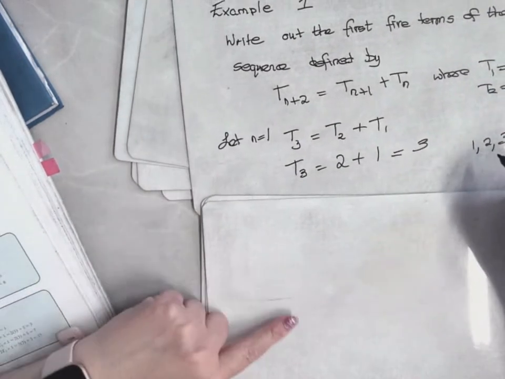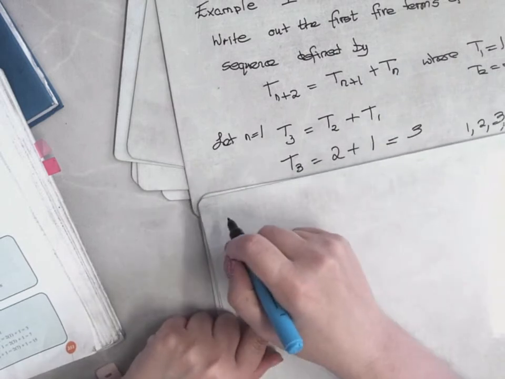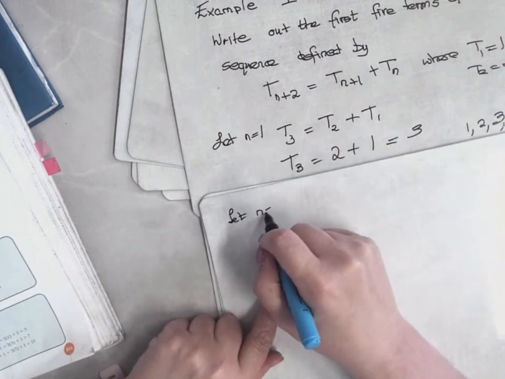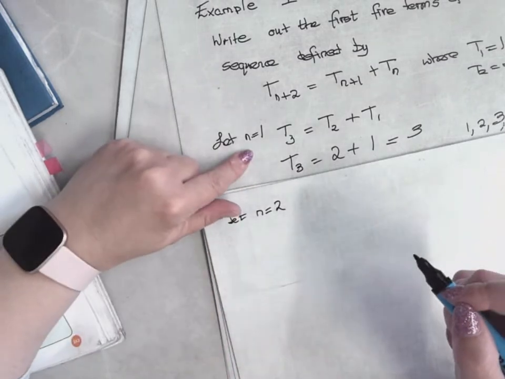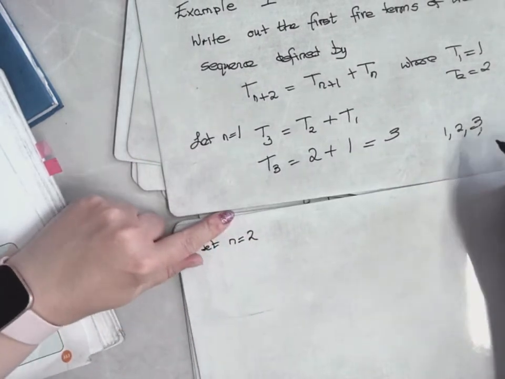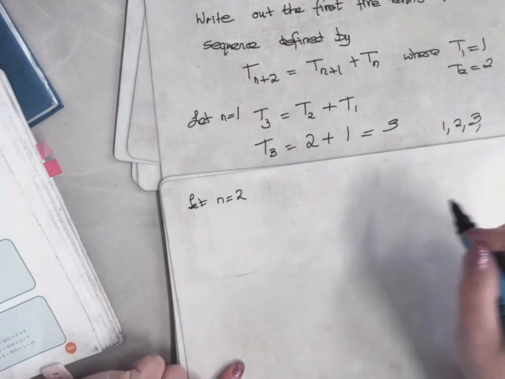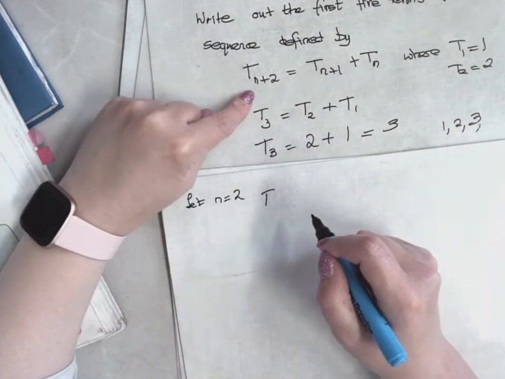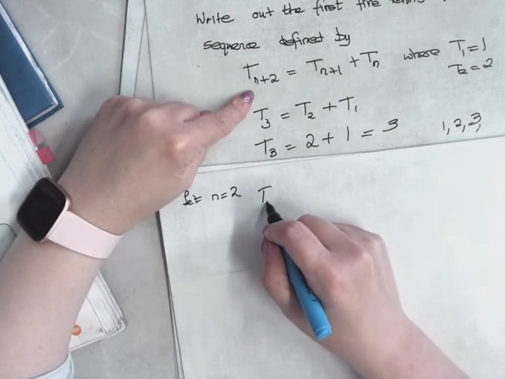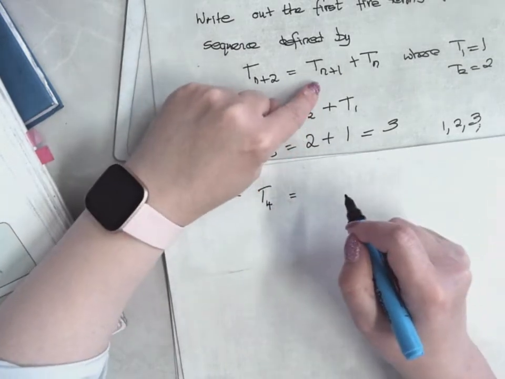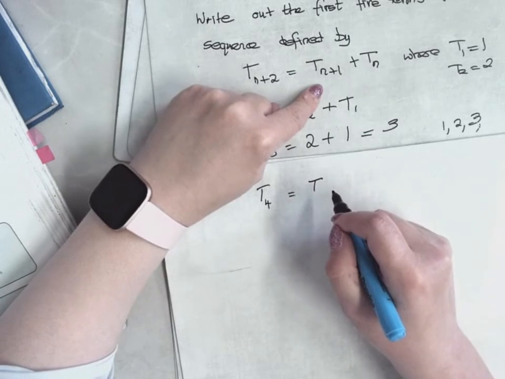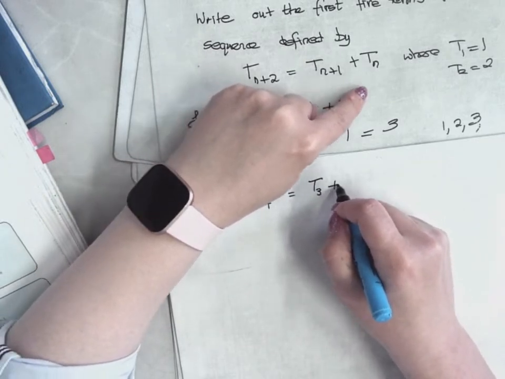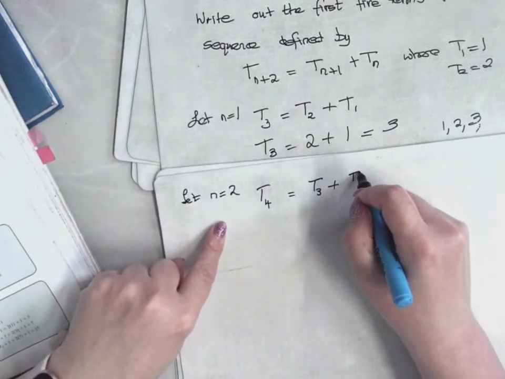How will I find term number 4? Let n equal 2. So term number 2 plus 2 is 4, equals term number 2 plus 1 is 3, plus term number 2.